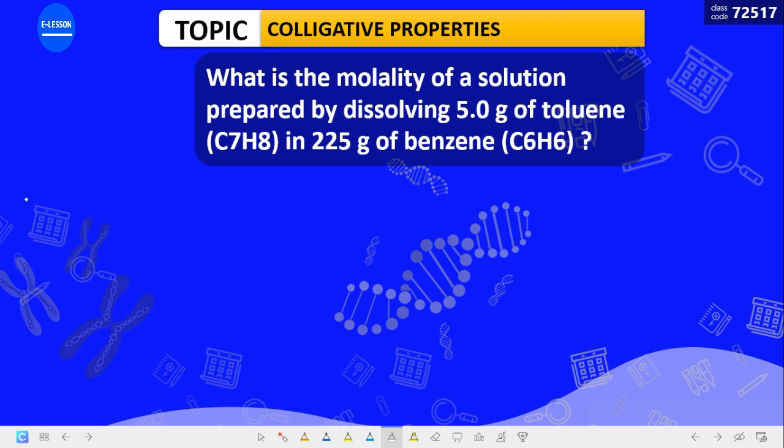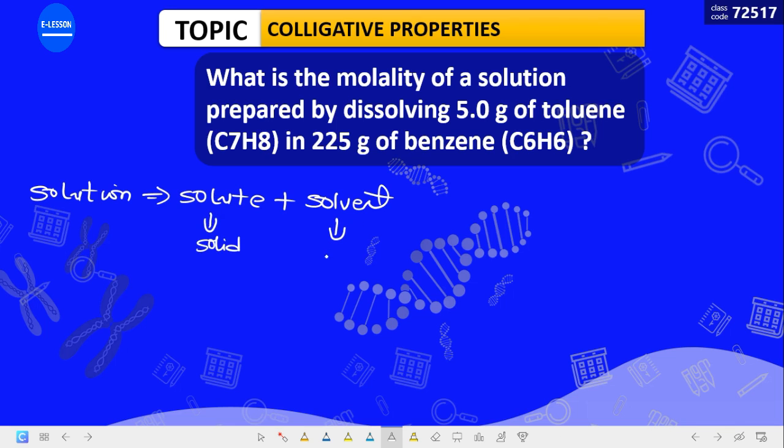Now gone are those days where we think that when you have a solution which comprises a solute plus a solvent, the solute must be solid and the solvent must be liquid.